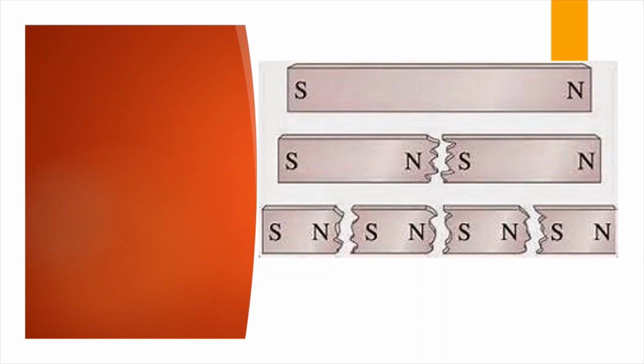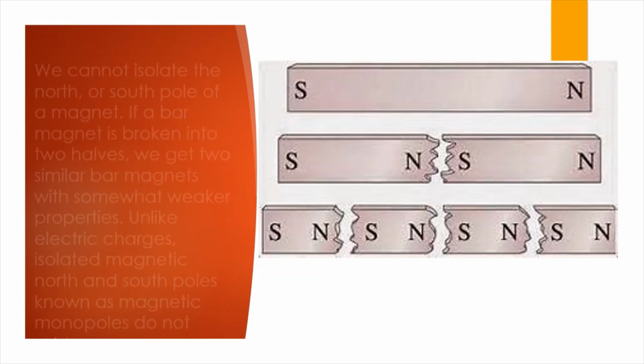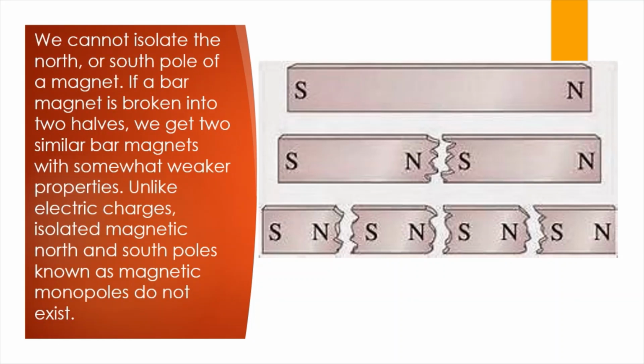If you keep on dividing the magnet into any number of pieces, we will always get magnetic north and magnetic south poles, right? We cannot get an isolated north pole or an isolated south pole. That is, a monopole of a magnet is not possible. Clear? So here we can say that we cannot isolate the north or the south pole of a magnet.